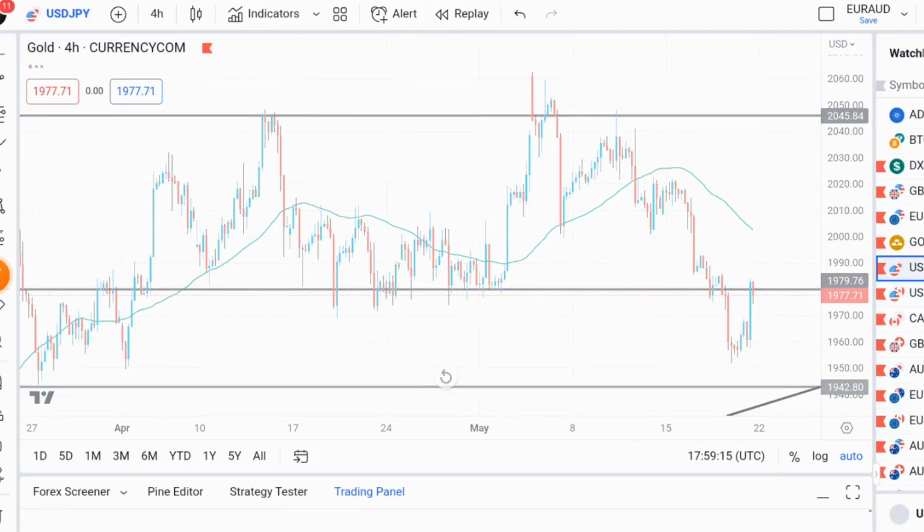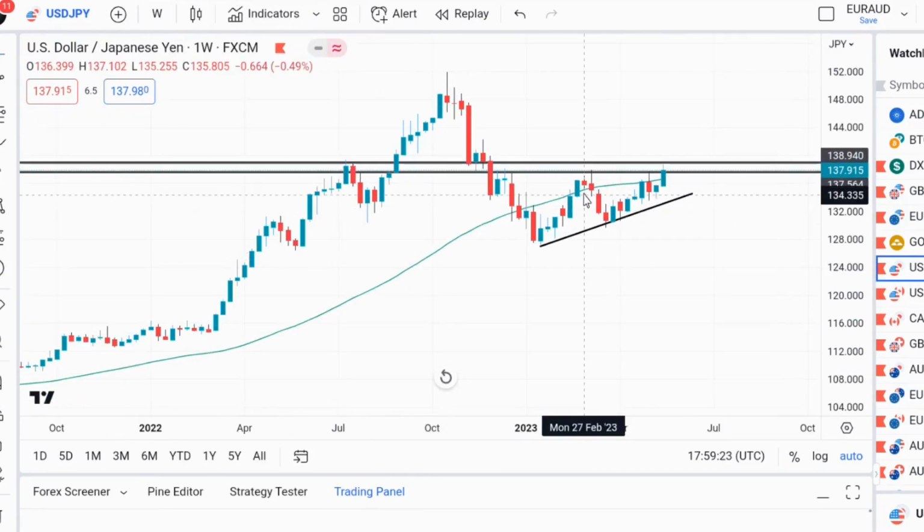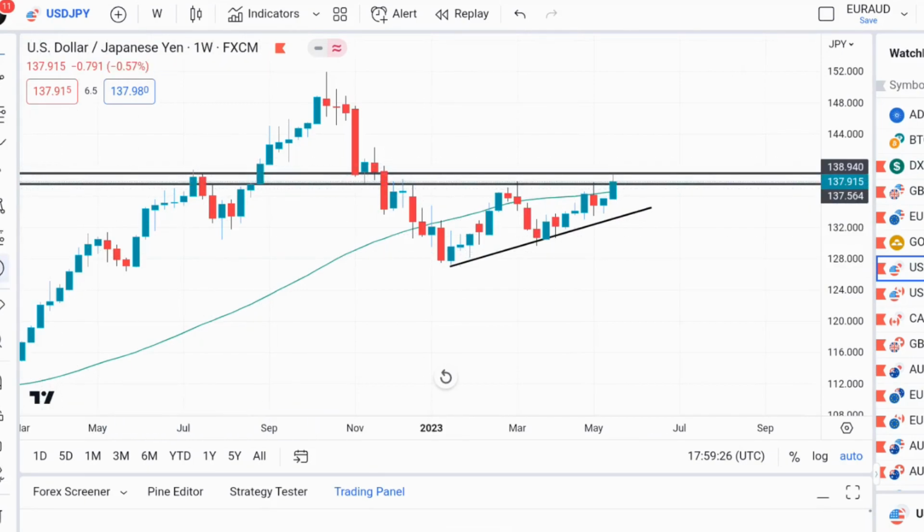So the next pair I want to check is US dollar Japanese yen. On the weekly time frame, we can see that there's a level of resistance sitting comfortably at this particular area, as you can see. And last week we had a rejection exactly at the level of this resistance, sitting at 138.940.